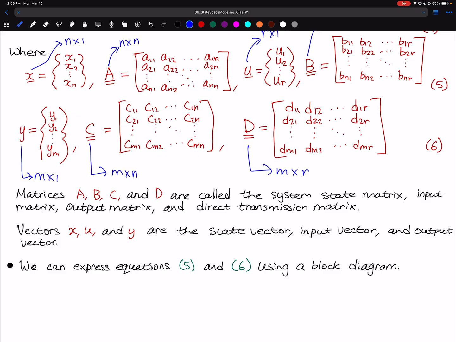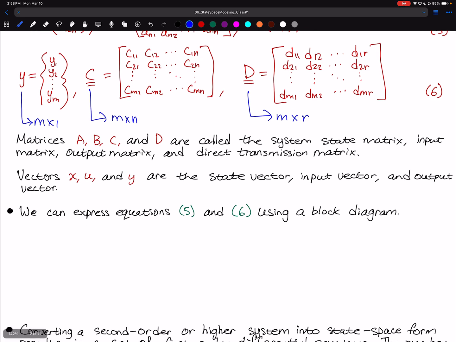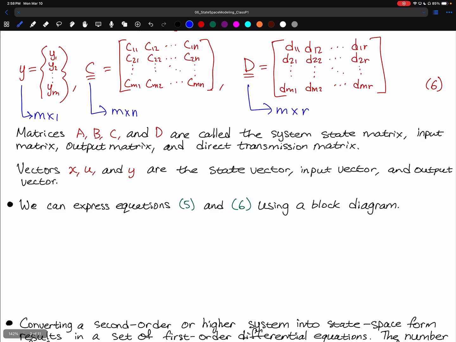Okay, we can also express the set of these equations in a block diagram, which I will get started down here. First, we're going to have our input vector U of t.